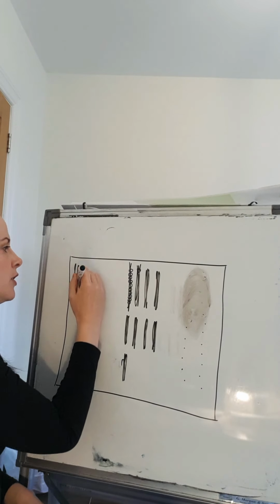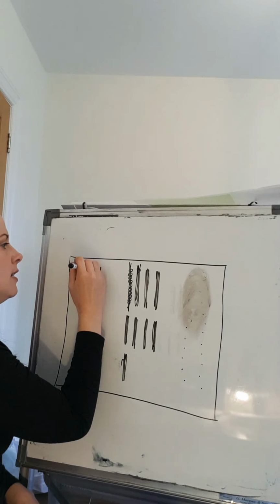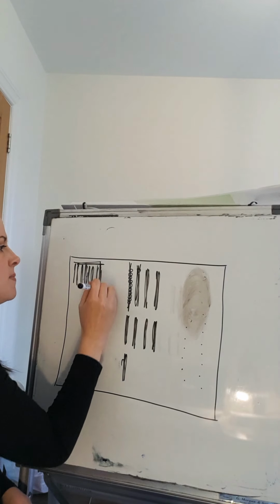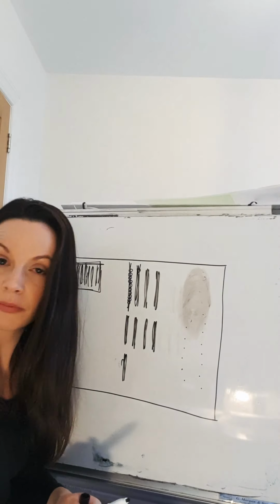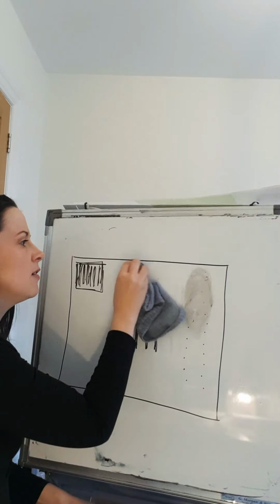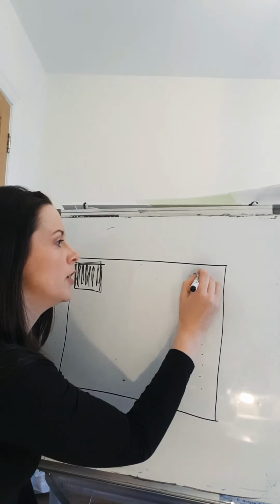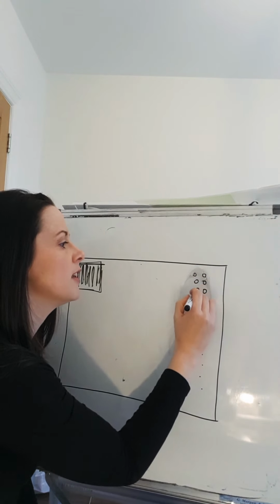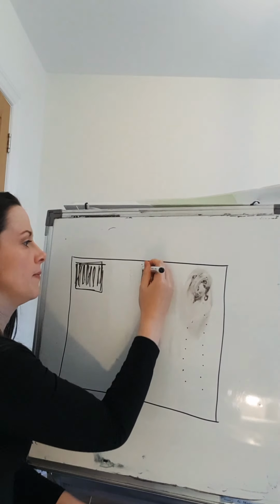So 1, 2, 3, 4, 5, 6, 7, 8, 9, 10. A big bundle. That was 100. Okay? And that made it way easier because I could just put everything together there. So 1, 2, 3, 4, 5, 6, 7, 8, 9. Oh, wait. Bundle of 10.